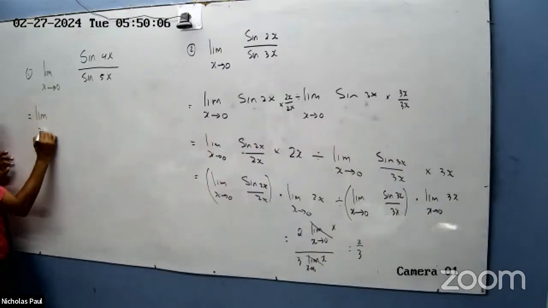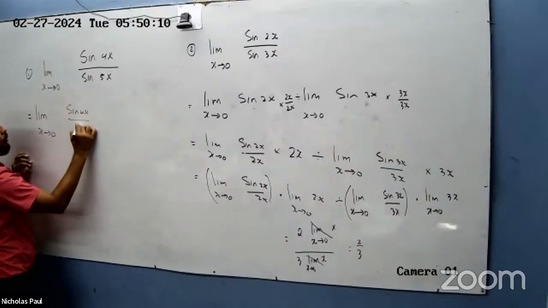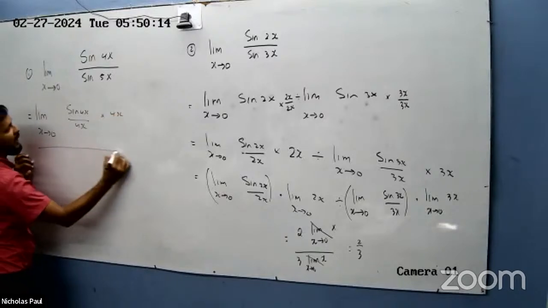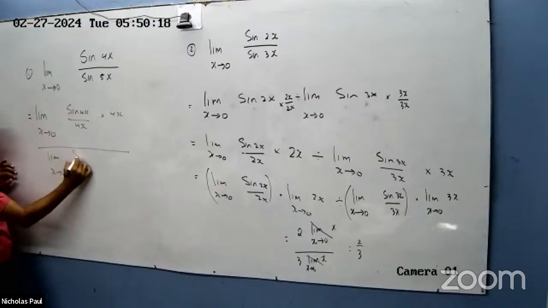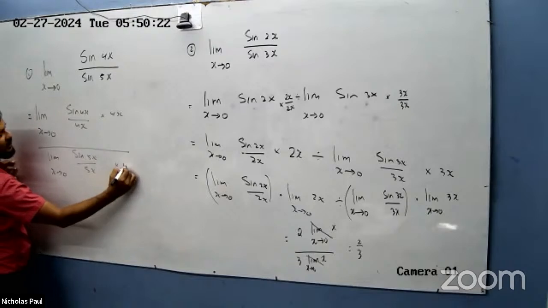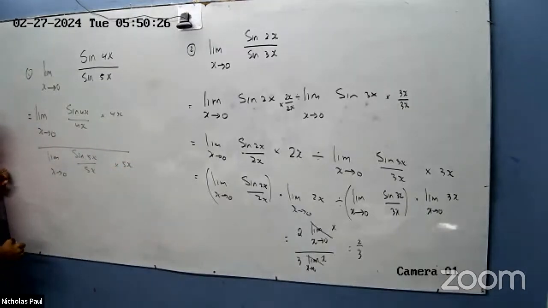So the limit as x approaches 0 of sine 4x over 4x, multiplied by 4x, divided by the limit as x approaches 0 of sine 5x over 5x, multiplied by 5x. Just break it up here and we're done.